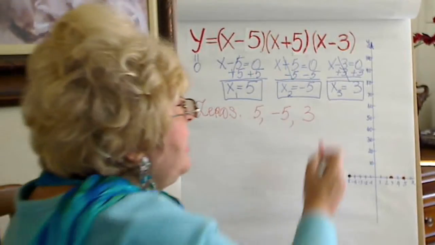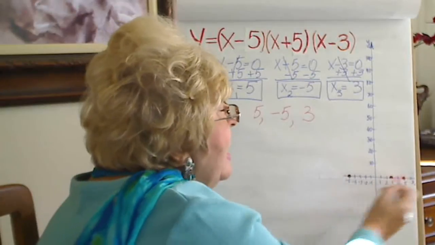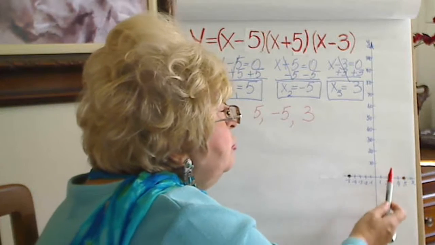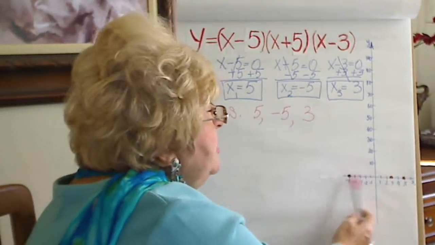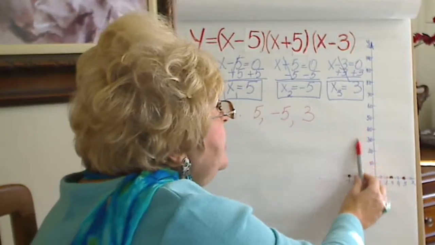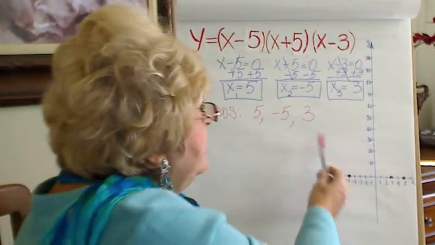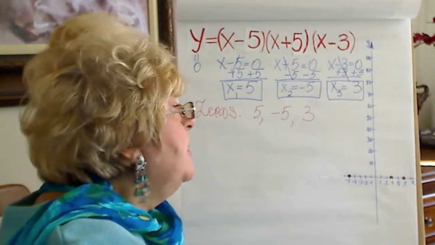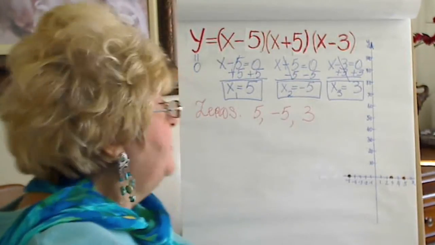And I know wherever my graph goes, it definitely will cross the x-axis at the 3 points, negative 5, 3, and 5. But how do I know what will be between these points, in this area, in this area, and before and after our points? We will make a test.